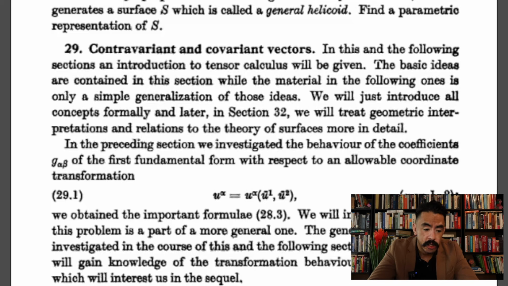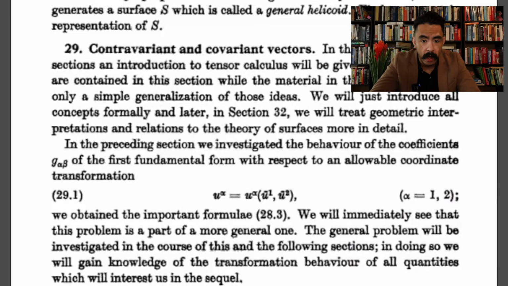In the preceding section, we investigated the behavior of the coefficients g subscript alpha beta of the first fundamental form with respect to an allowable coordinate transformation u superscript alpha, which I'll refer to as u alpha, equal to the function u alpha of u over bar 1, u over bar 2, where alpha is 1 or 2.